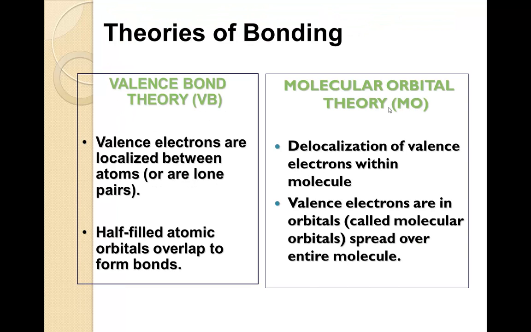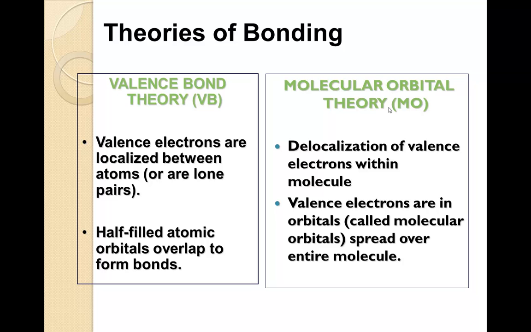With the valence bond theory, the valence electrons are localized between the atoms, or are lone pairs. Where with the molecular orbital theory, the valence electrons are delocalized within the molecule itself. With the valence bond theory, the half-filled atomic orbitals overlap to form the bonds. And those were the sigma bonds, or the hybridized bonds.